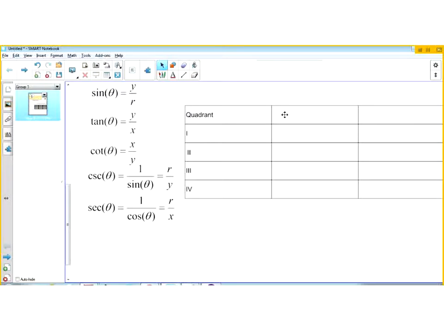And so which functions produce positive outputs? So in quadrant 1, all the functions generate positive outputs. In quadrant 2, the only functions that produce positive outputs are the ones where y is, well, first of all, r is always positive.